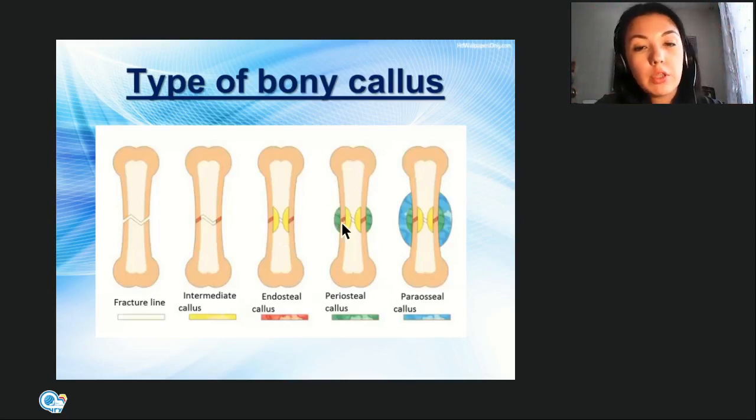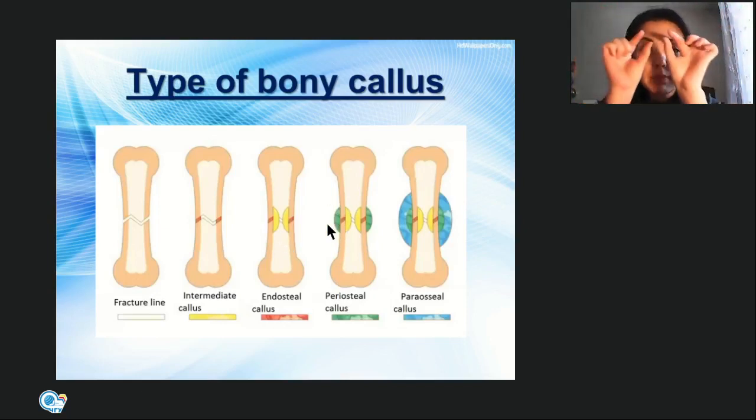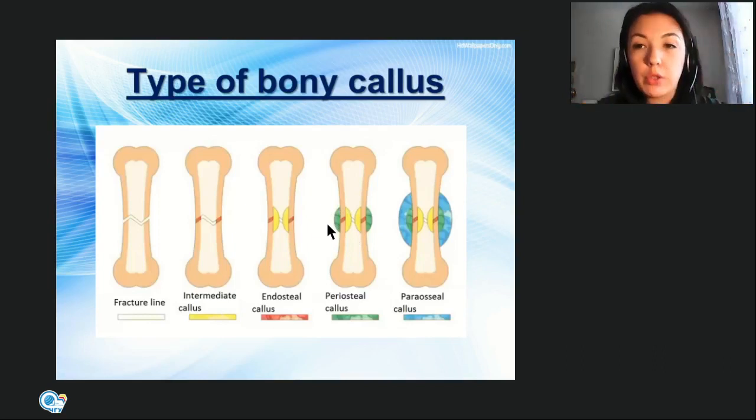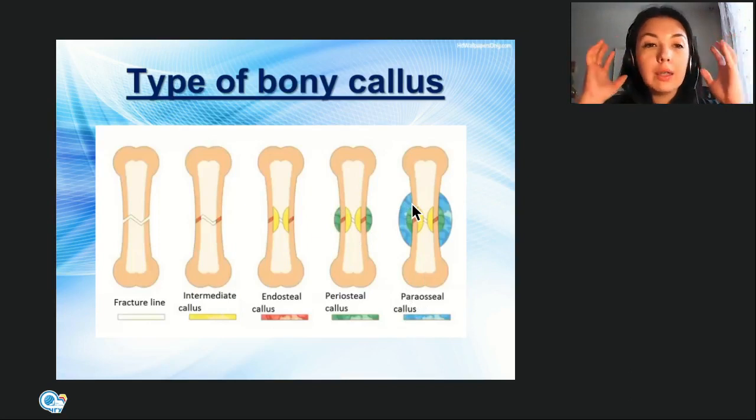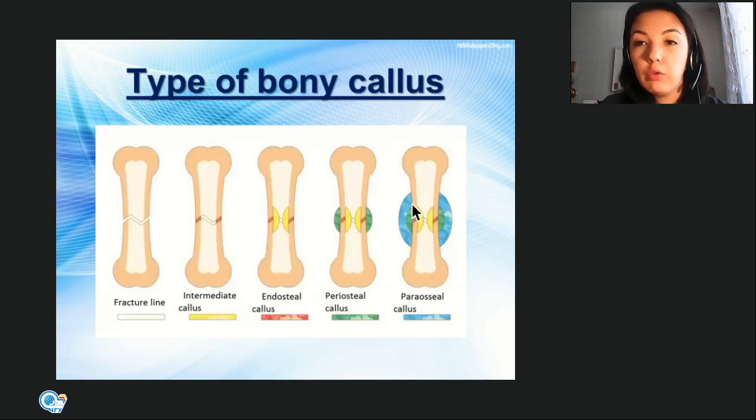There is the periosteal callus that grows under the periosteum, and there is the paraosteal callus that grows in the soft tissues that surround the bone. Paraosteal callus is a pathological condition. It is formed when there was a large injury of the soft tissues around the bone, by the bone ends, probably.